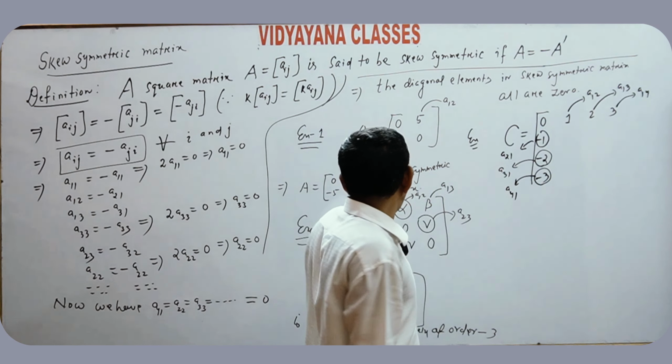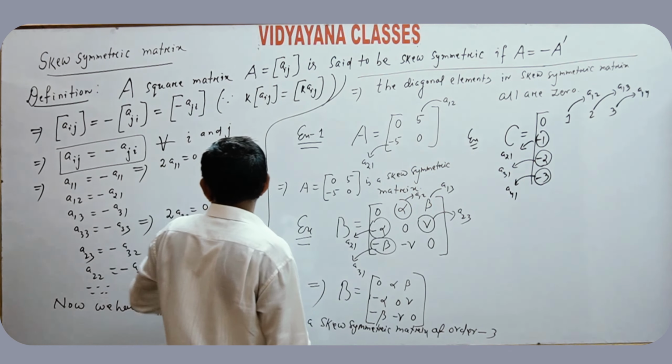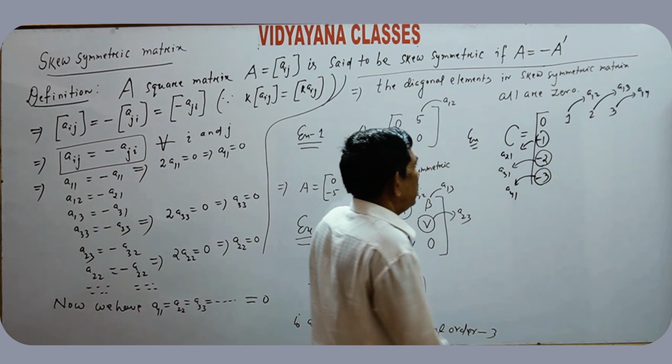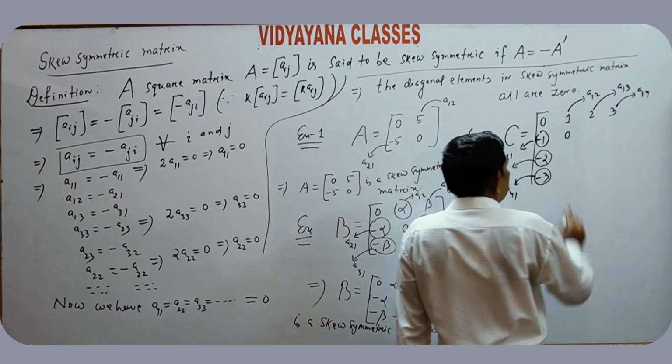Clear? Since Aij is negative of Aji, all diagonal elements are 0.